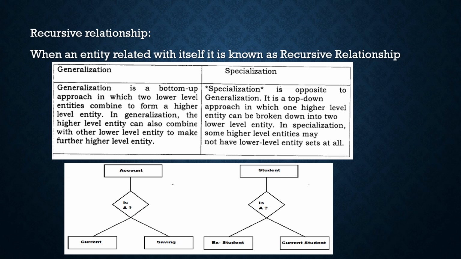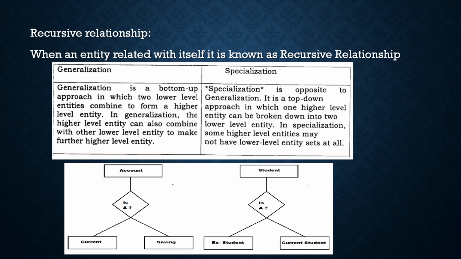Generalization and specialization are very important aspects in DBMS concepts. Generalization is a bottom up approach in which two lower level entities combine to form a higher level entity. In generalization, the higher level entity can also combine with another lower level entity to make a further higher level entity. So this is about generalization, and it is opposite to the top down approach.